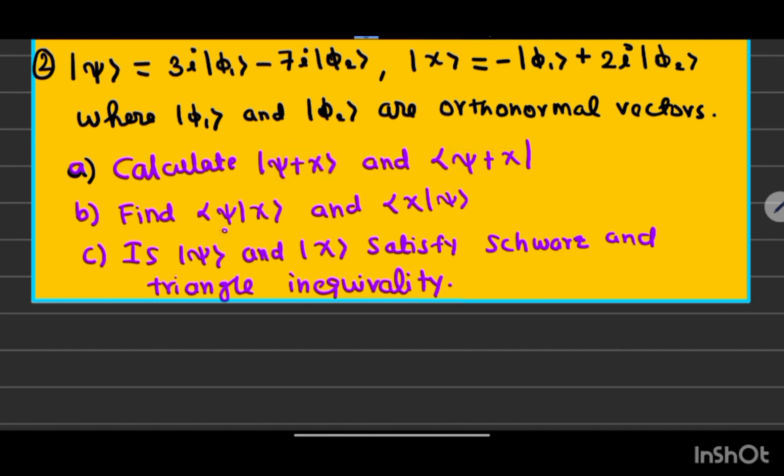Also, we have to find the inner product of psi with chi and chi with psi. And in the third question, we have to verify whether the given vectors satisfy the Schwarz inequality and the triangle inequality or not. Okay, first we'll try to find the bra vector for the given two ket vectors.